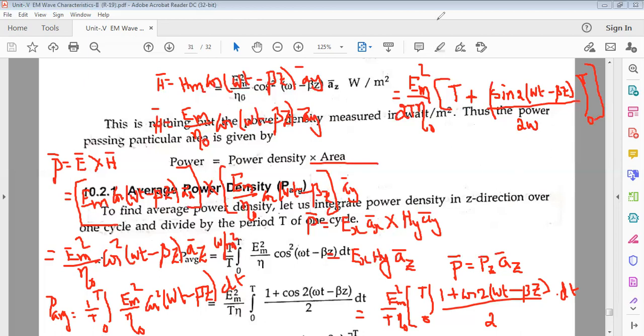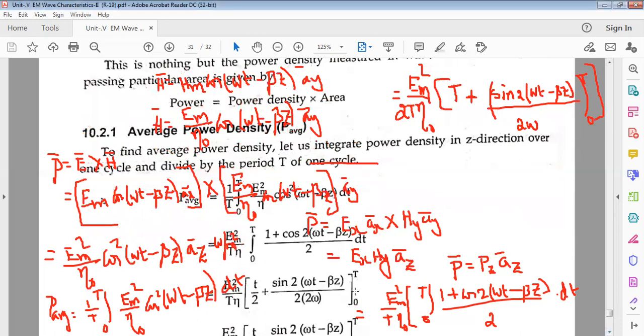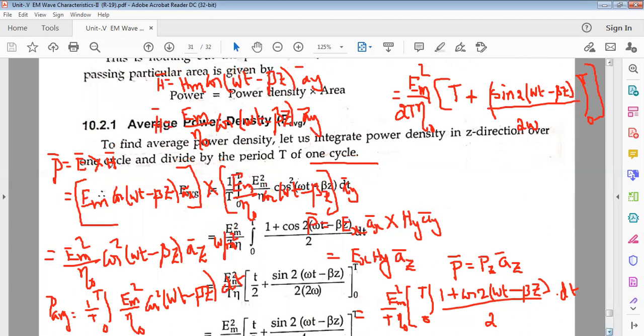Got it, my students? After substituting here, T by 2 with upper limit T, and sine of omega t minus beta z.